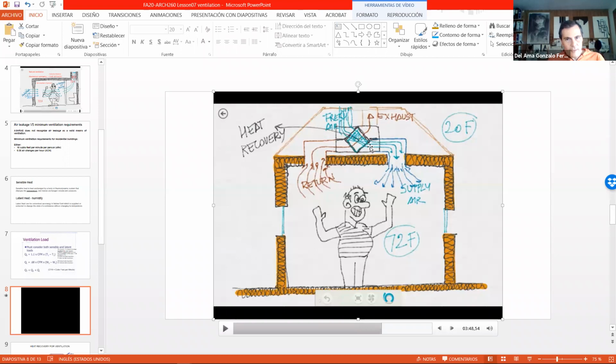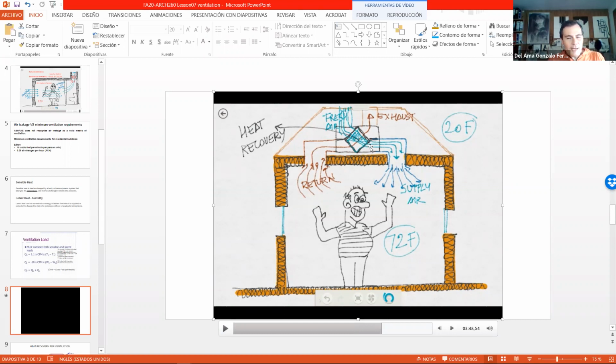We can't do that. We need a mechanical ventilation system. And if we have a mechanical ventilation system, now it's mandatory using a heat recovery. Okay, so we cannot just supply air by mechanical means or extract this air by mechanical means. We need a heat recovery in the middle. So this is for public commercial buildings.